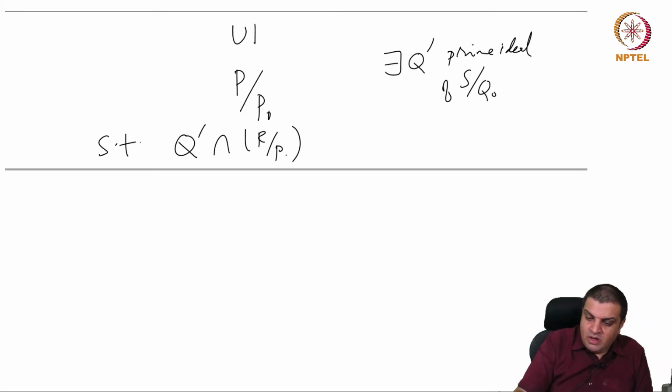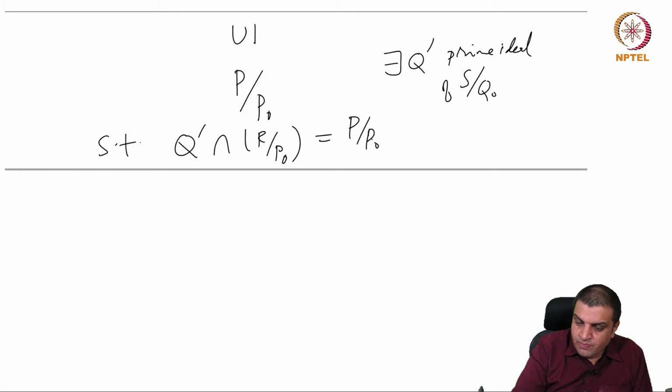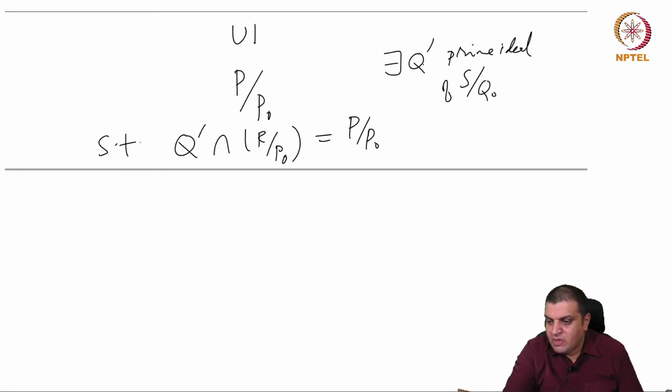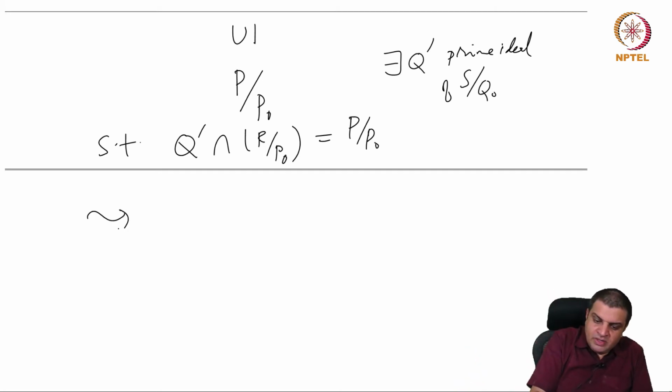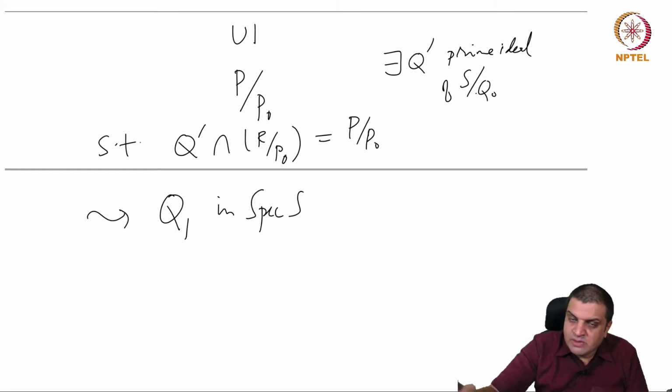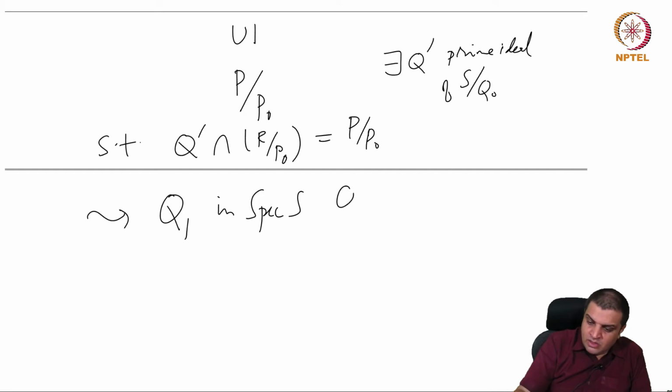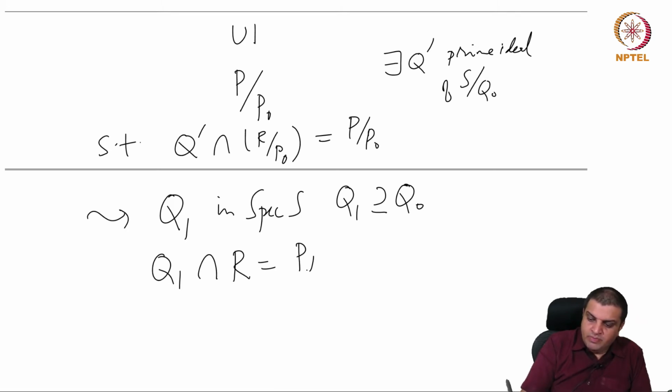Any Q prime of this form will give a Q1 in spec S, a prime ideal of S. Q1 contains Q0 and Q1 contracted to R would be P1.